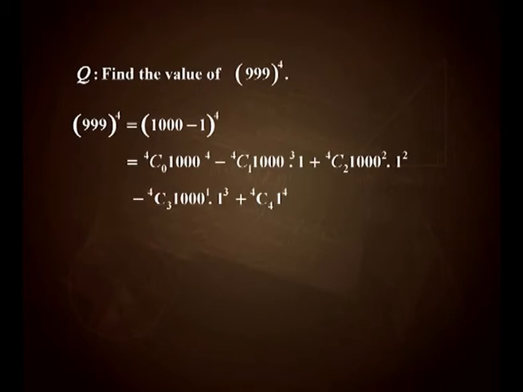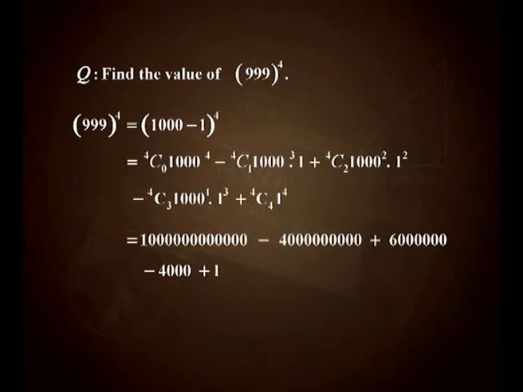Now, just take another minute or two to evaluate each of these terms, that is mainly you need what is 4c1 and 4c2 and 4c3, and then multiply with these numbers and you have 5 terms which add and subtract and give you a big number, more than 900 billions.